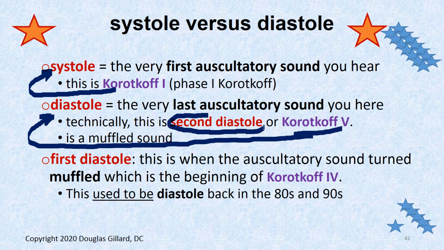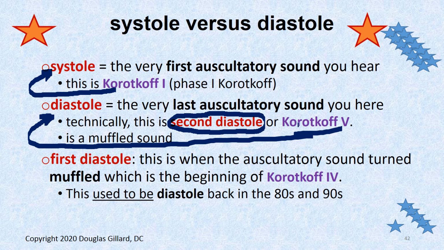When I went to school back in the dark ages, back in the 80s, we used first diastole. We used Korotkoff 4 as diastole, which is actually more accurate, but the inter-observer reliability is not good. There's a distinct muffling sound when you hit Korotkoff 4.